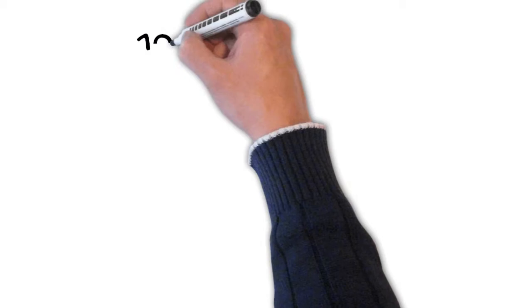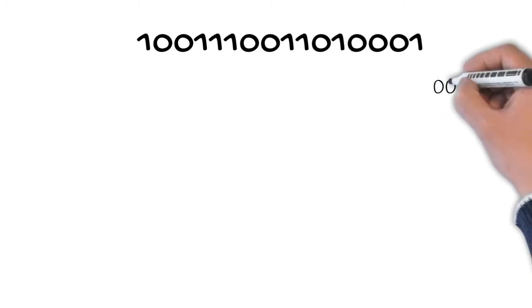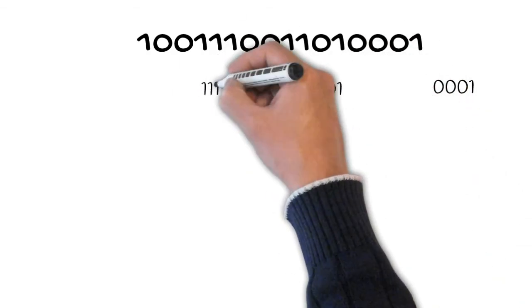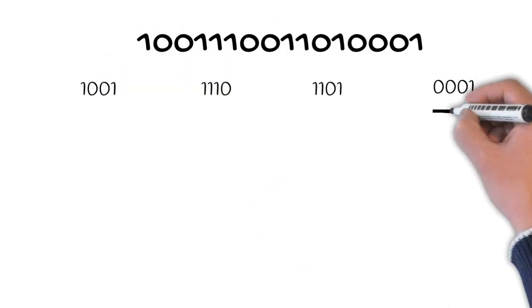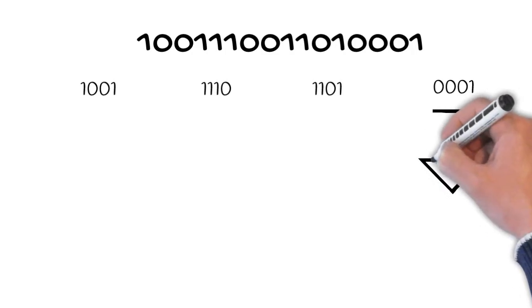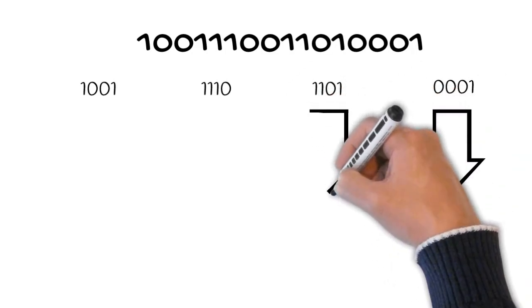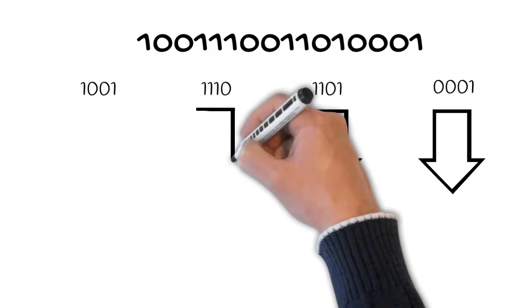Now let's take 2 bytes for example. 2 bytes corresponds to 16 bits, and what you need to do is separate the 16 bits into groups of 4 bits. So 16 divided by 4 gives 4 different sections. It first corresponds to 0001, then 1101, then 1100, 1001, and then you convert each of those 4 bits into decimal, then to hexadecimal.